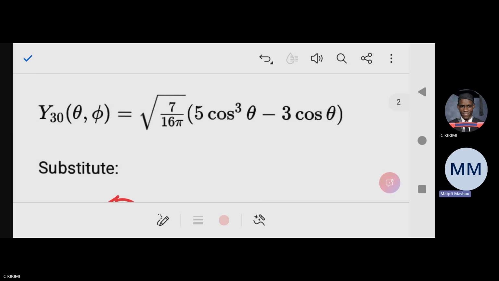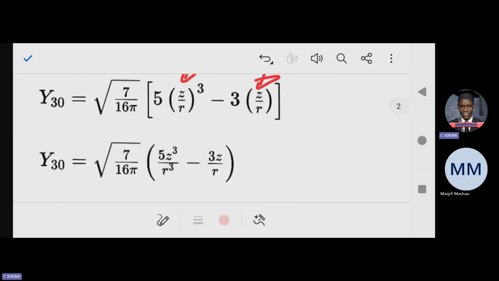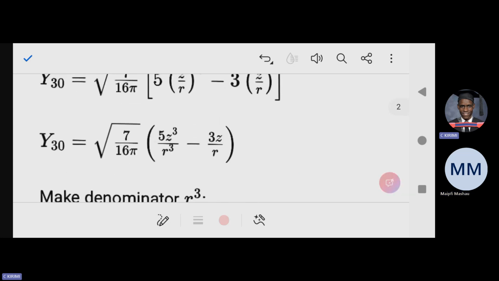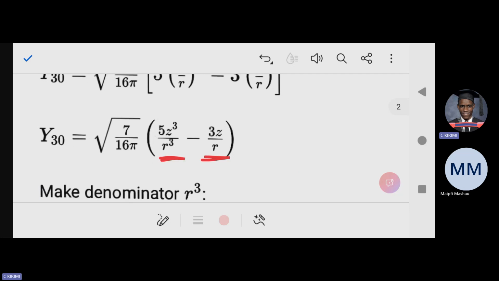Then from there, I get Y30. If you simplify it, which means you expand, 5z cubed over r cubed minus 3z over r. You just want to make the denominator a common denominator so that you can add and subtract.